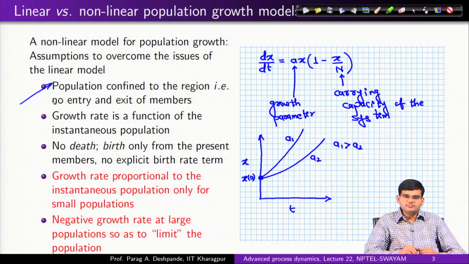Similarly, imagine that you have a population of deer in a forest and they feed upon leaves. There would be a certain fixed number of trees in that region, and therefore, why can the population not grow indefinitely?